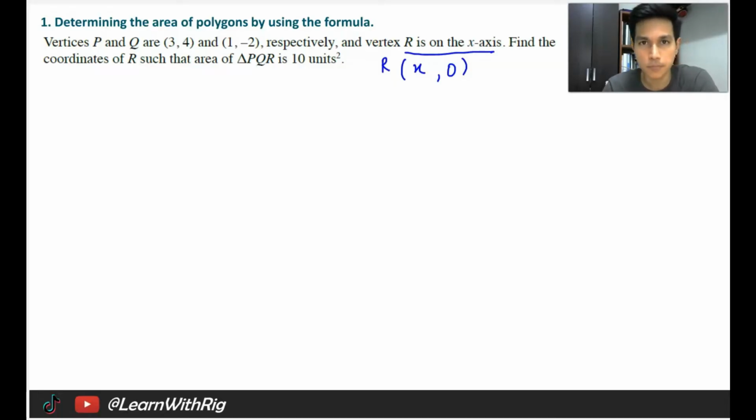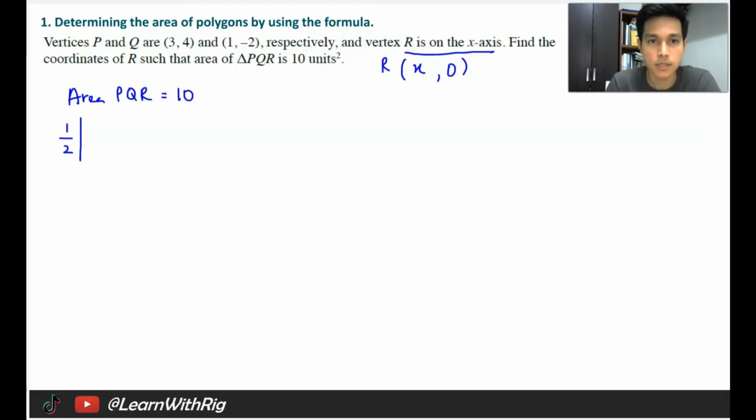So now this is a bit tricky. I need you to pay attention here because this is the reverse process of the area formula. So there's a bit of trickiness here which I need you all to focus on. Okay, so now they told you area PQR is equal to 10. So how do we find area? Area is 1 over 2, the formula.